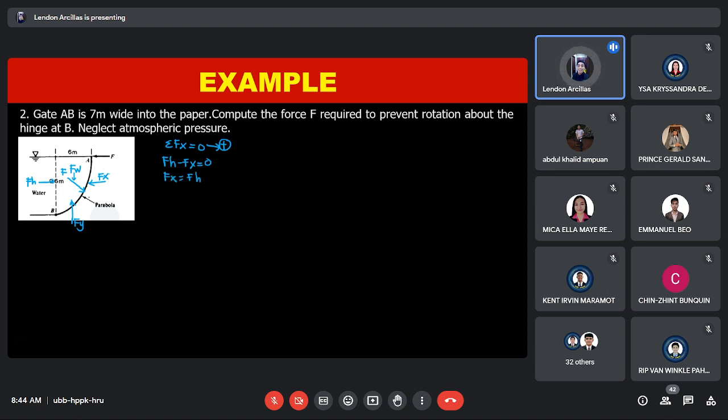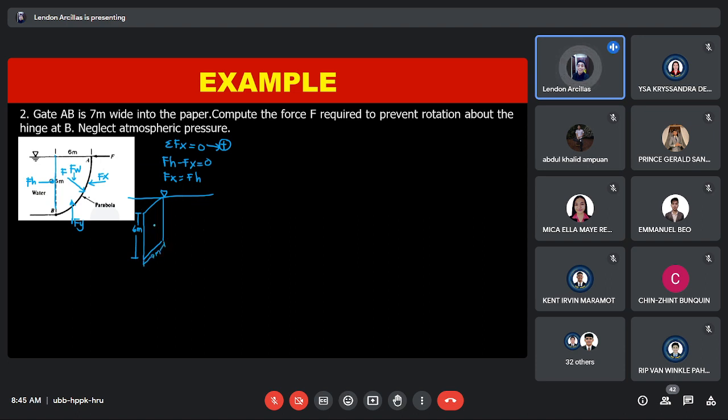And how do we find f of x and f of h? Using the ordinary way on how to find the hydrostatic force na naka-rectangle. Since nasa surface siya, so ganito, dito yung f of h. So this is 9.6 meters, and this is 7 meters wide.